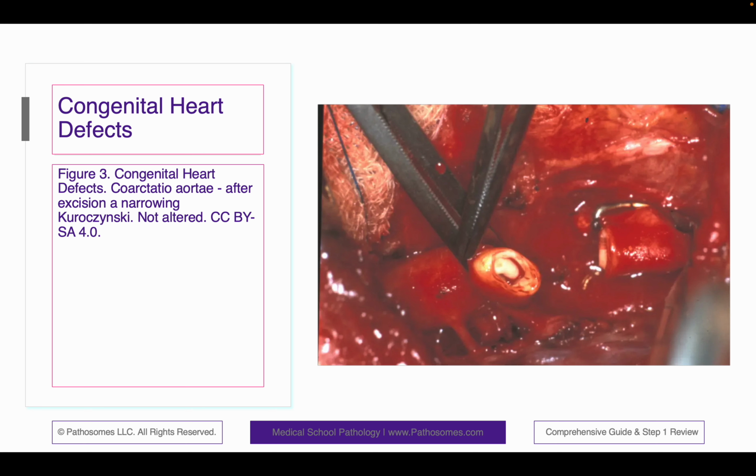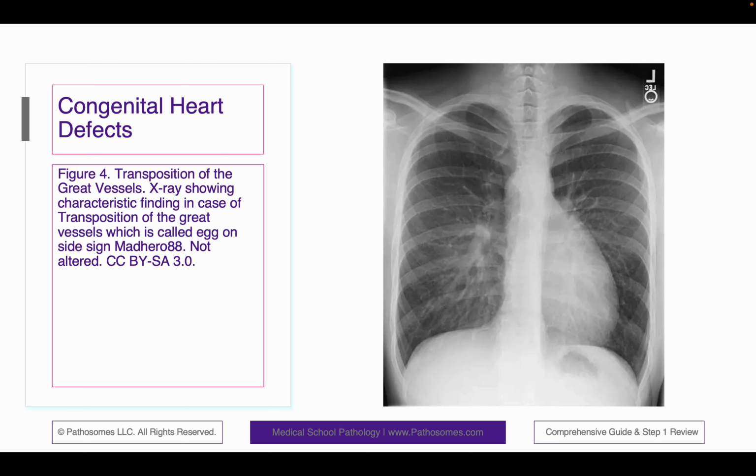And here we have an image of a vascular surgery taking place due to a congenital heart defect. All my radiologists out there and future radiologists can recognize the transposition of the great vessels on this X-ray.